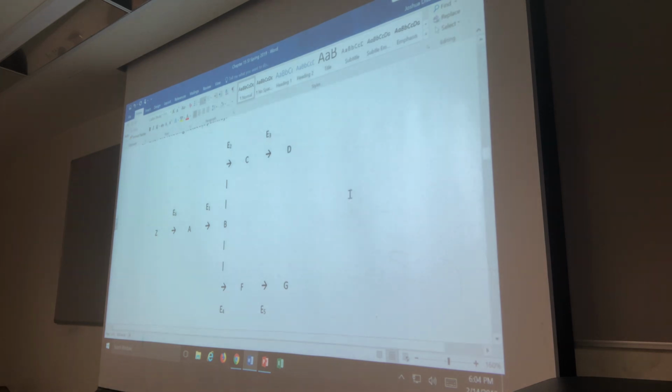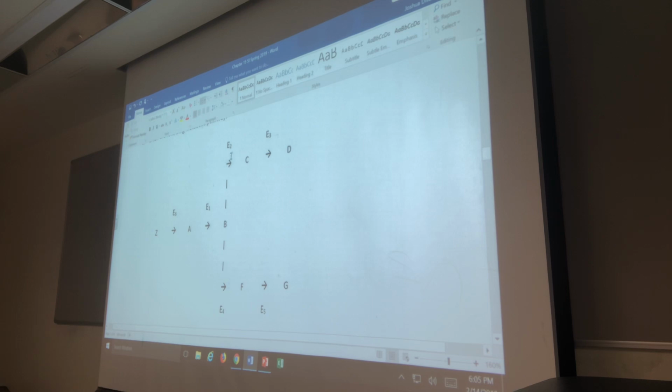So what this diagram is saying is, starting from the left, the beginning, there's a substrate Z. It is catalyzed by enzyme 6, because I wrote this out of order, and it turns into product A. It turns out that product A is a substrate of enzyme 1, which then catalyzes its reaction to convert into product B. Interestingly enough, though, substrate B is a substrate of two different enzymes, enzyme 2 and enzyme 4.